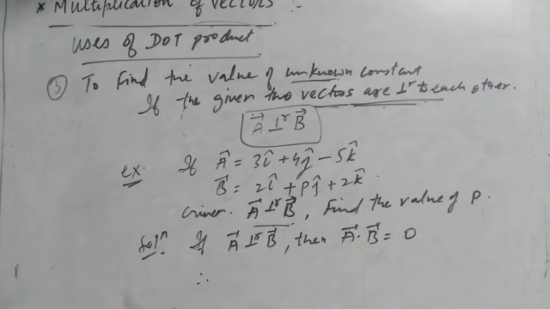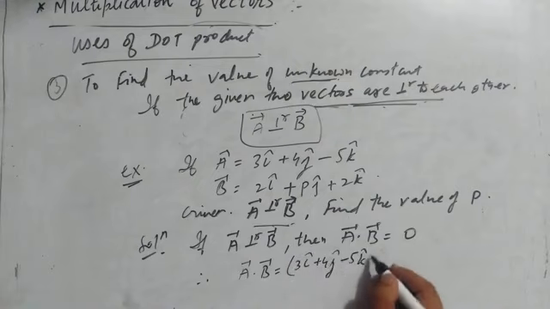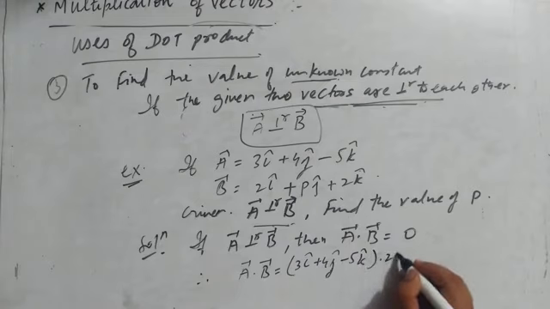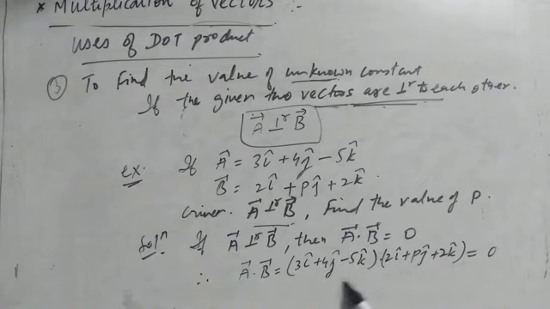Therefore we will put (3i plus 4j minus 5k) dot (2i plus pj plus 2k) equal to 0. We have put their dot product equal to 0.